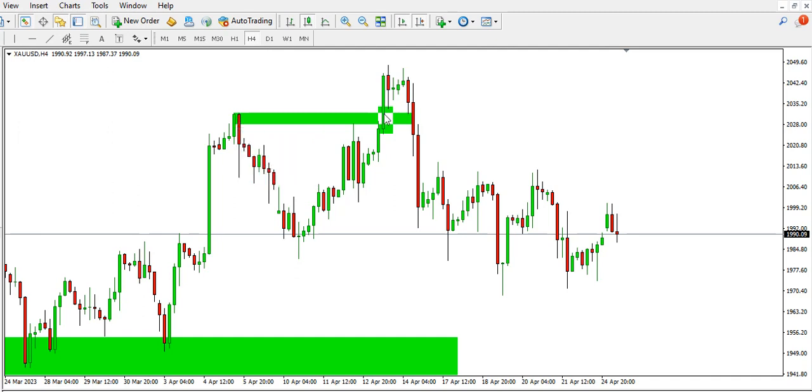This particular high was broken around here, and price rose to this point, but we have a fake out, meaning price rose to this point and didn't continue up until it dropped below the break of structure point.